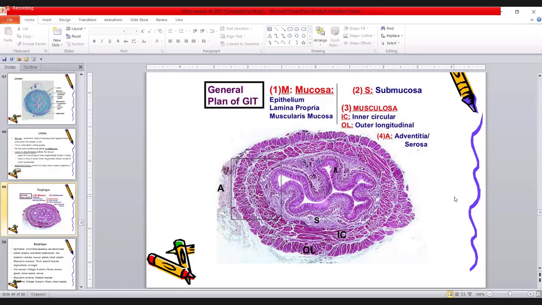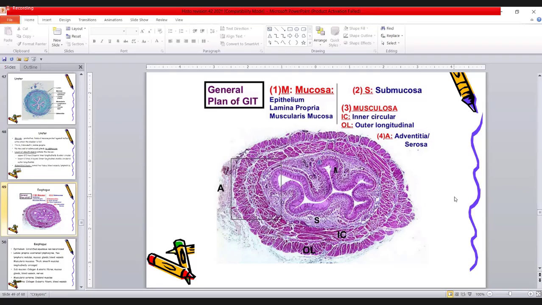Okay. And the presence of a submucosa also. No, go in order. Does it have a lamina propria? Yes. Okay, then what? Muscularis mucosa. Very good. Then it has a muscularis mucosa. That's why it's thrown up into these folds.